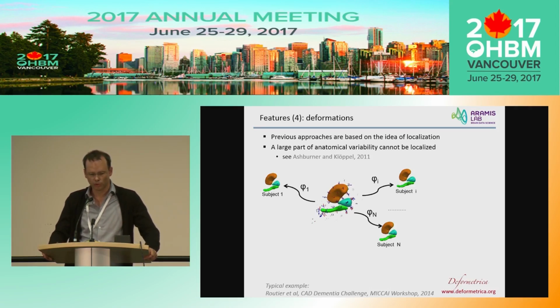So another approach is to use as features deformations that would map a template, or an average anatomy of, for example, a collection of anatomical structures, onto each subject. So at the end, the features are not the characteristics themselves, but the deformation that maps the template to each of the subjects.